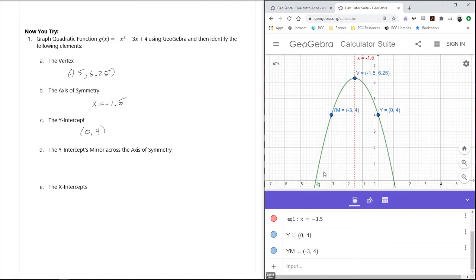So we've got that labeled, and then we need the x-intercepts. So we've got negative 4, 0. Call that x1. And then x2 looks like it's at 1, 0. Plop that in. We'll get these values shown.